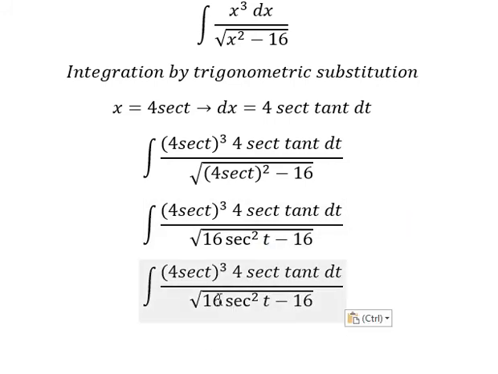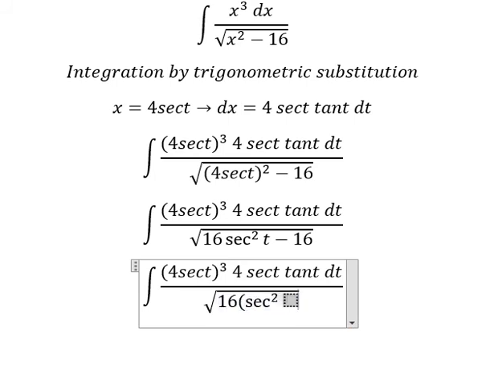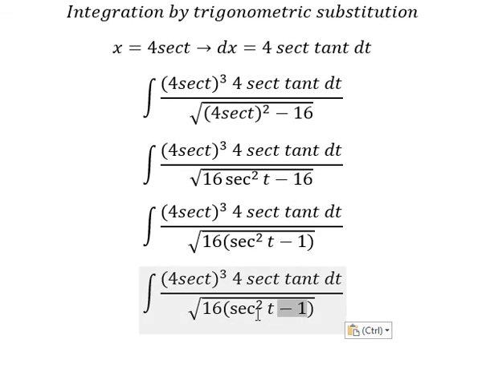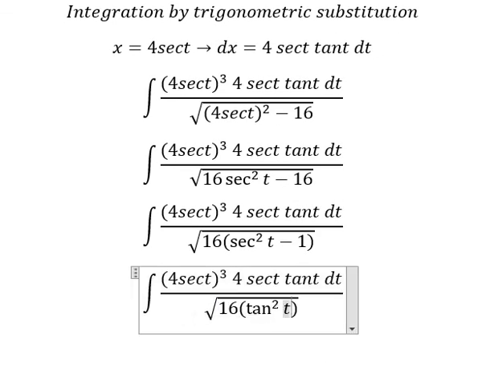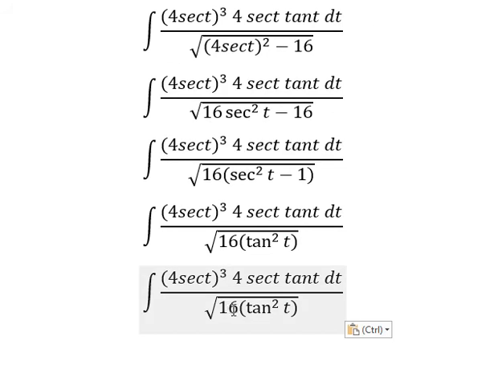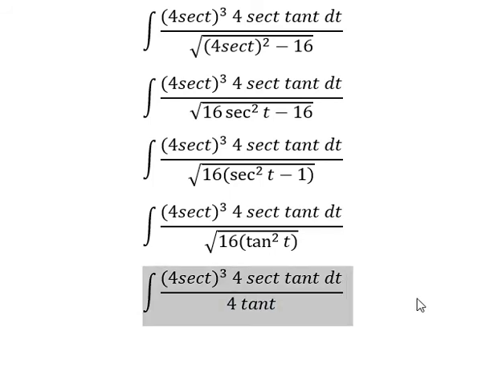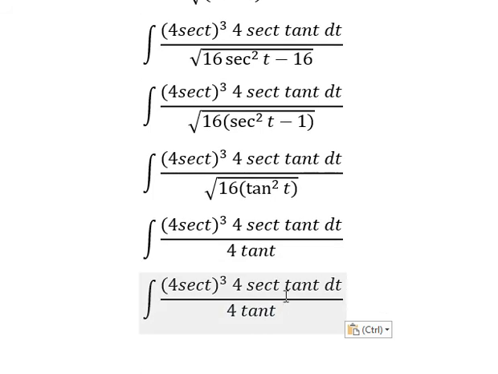Number 16, we can do factorization. This one you get tan t squared. The square root of 16 tan t squared, you get 4 tan t. 4 tan t, we simplify.